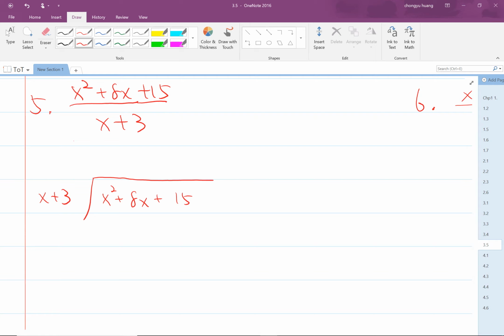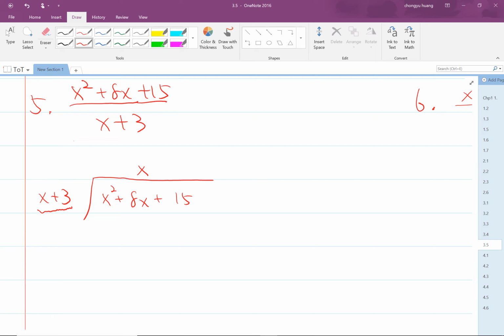Over here we have x plus 3, so you want to make it equal to x squared. Therefore you have to put an x over here, and then you multiply x by x plus 3. This is how the old method works and how you solve it.